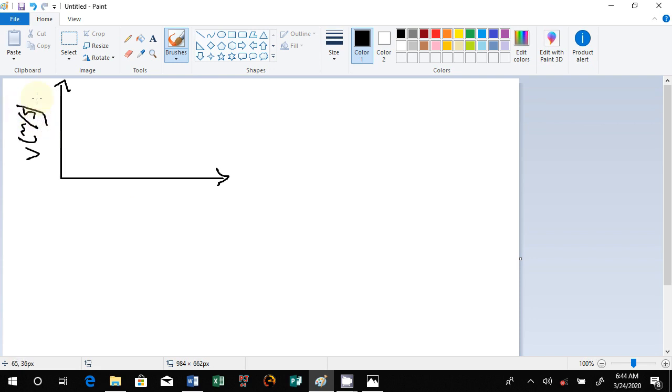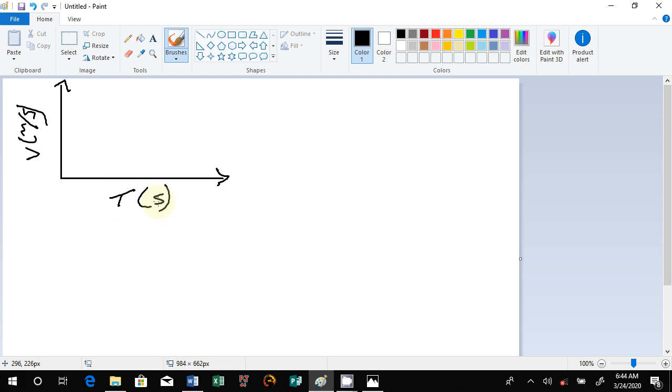Then the time should be in seconds, and that is very important to note. We have a graph like that one, or the axes rather, the ones we use to make the graph.